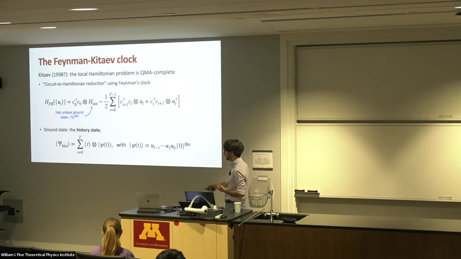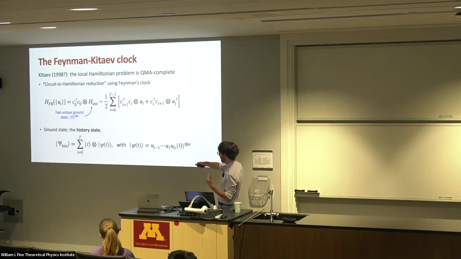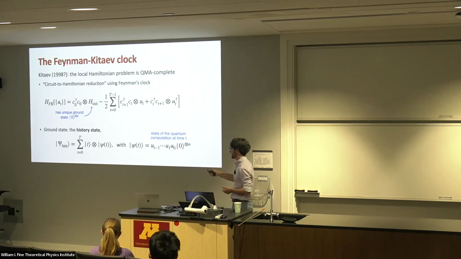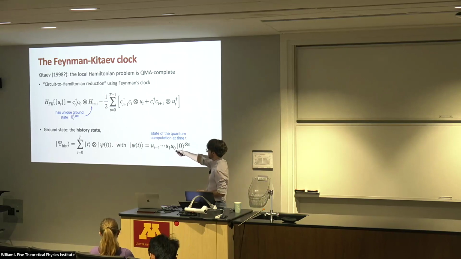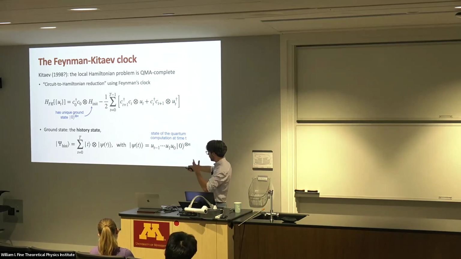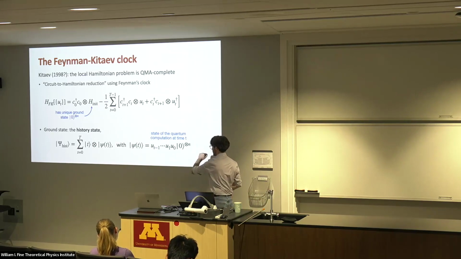It's a state that contains, in coherent superposition, the states of the quantum computer at all time steps during this computation. So this first term over here is selecting the component of this wave function when the clock is at 0. It's saying this needs to be the all 0 state.